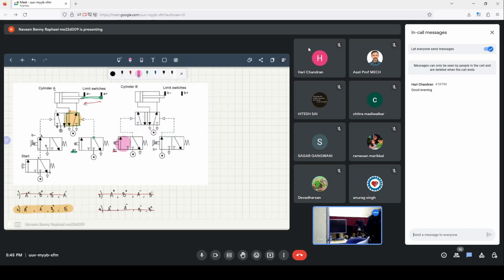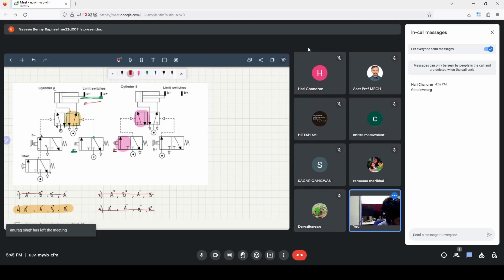That means, once again, since the source is here, the source will activate the port, and therefore we will get this region of the directional control valve activated. And because this region of the valve is activated, the source pressure activates the back of the cylinder, and therefore the cylinder B extends.